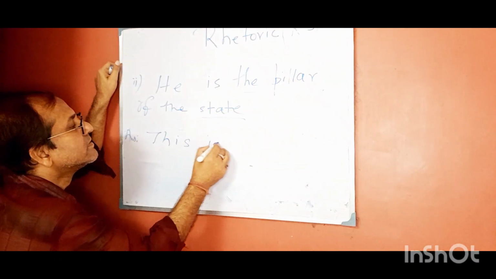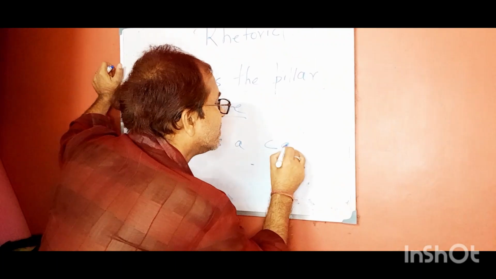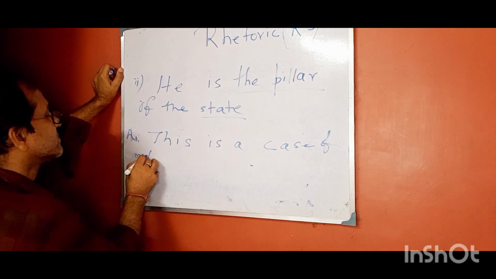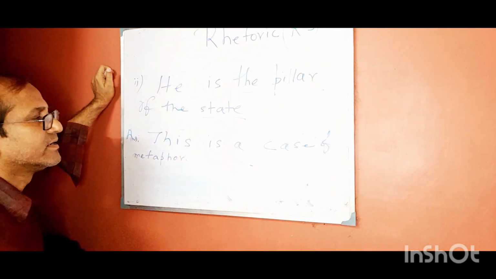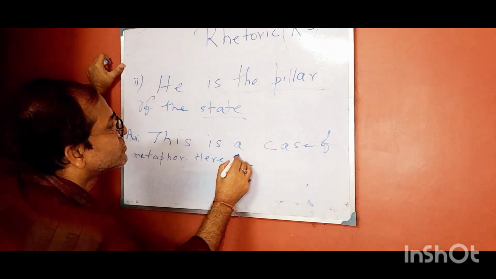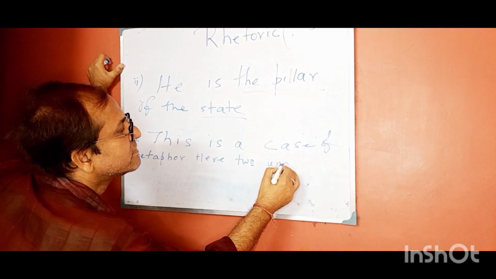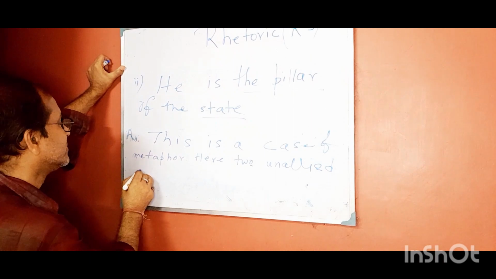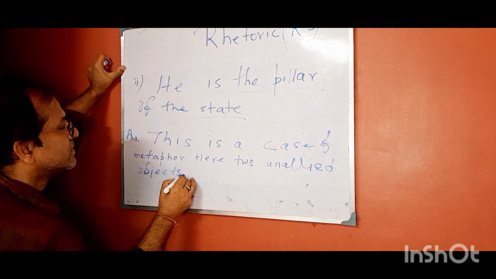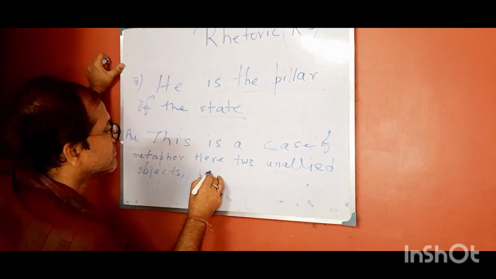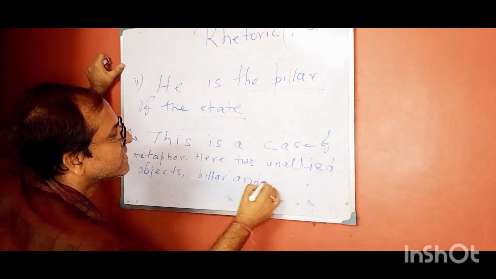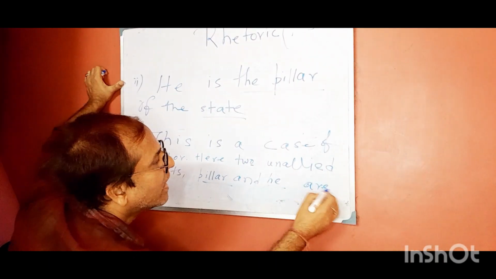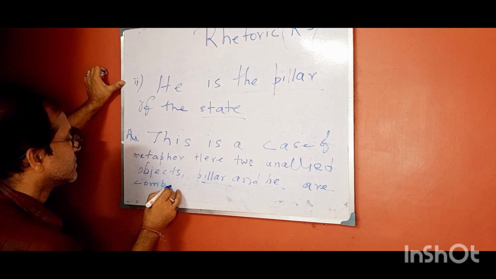Here you have to write only these things as the answer. This is a case of metaphor. Here two unallied objects, pillar and he, are compared.